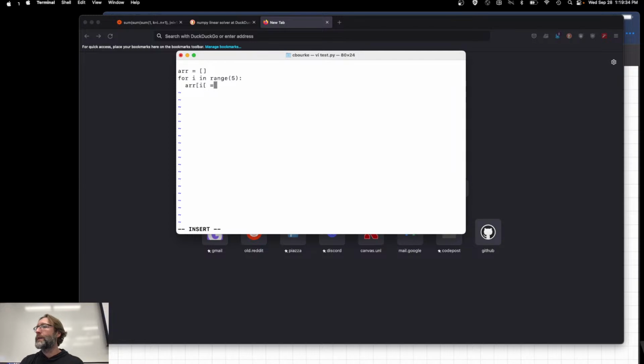Array sub i is equal to this, and then for i in range of 5. Oh, you know what? Let's do it inside there as well. For j in range of 5, I'll just go ahead and set array sub i j equal to i plus j, and then print array.